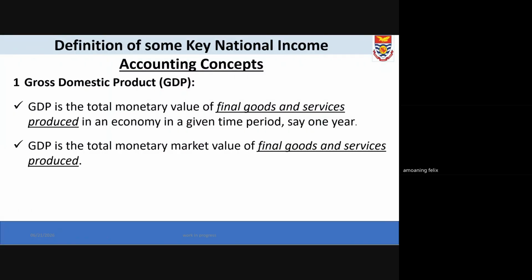Okay, so let's continue. The argument we are trying to make is that we now know we use flour to produce bread. Let's assume the price of wheat on the market. This is our wheat. Let's say the price of wheat is 70 Ghana cedis.